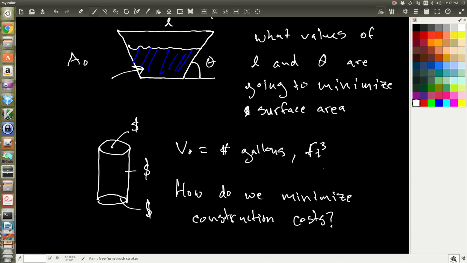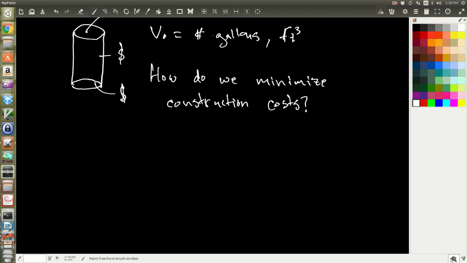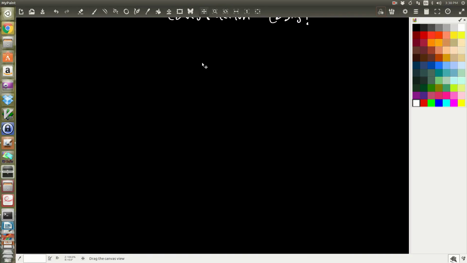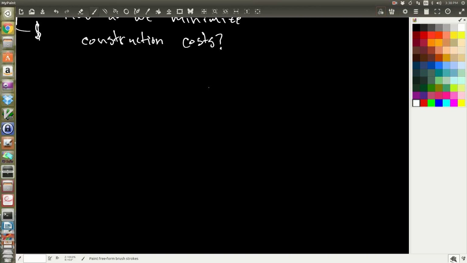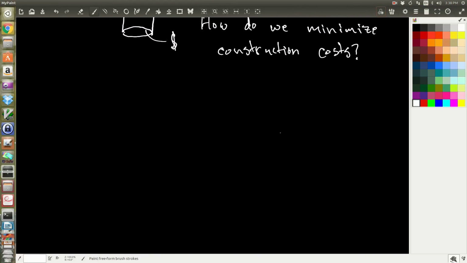So the point is all of our problems that we're going to deal with in optimization, we're going to have to put them into some mathematical form. So one of the things that we will have to do, sorry about this thing wigging out here, is put the problem into mathematical form.